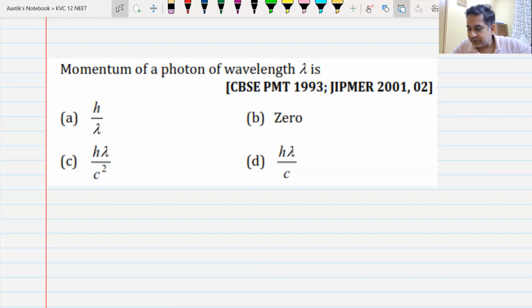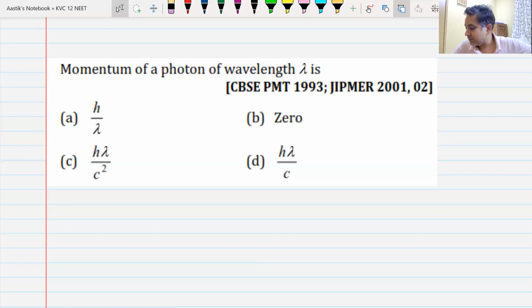What is the momentum of a photon? You have to be quick in answering this. I have already given you everything. You have to go back and look at the momentum.